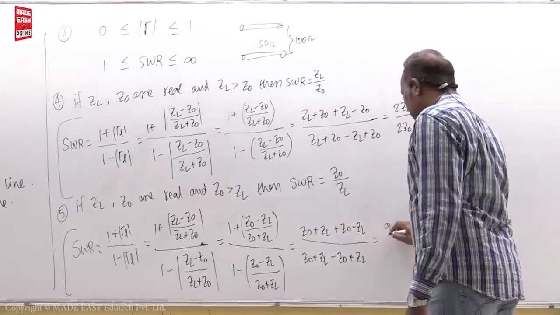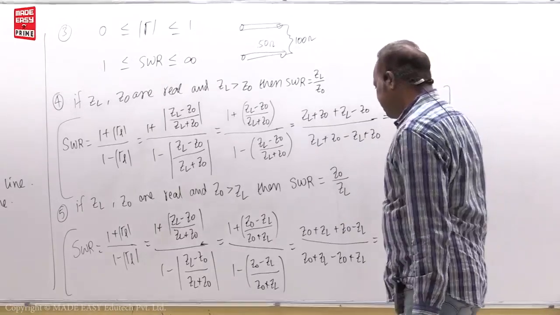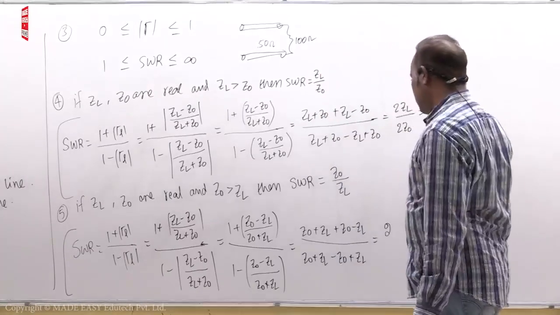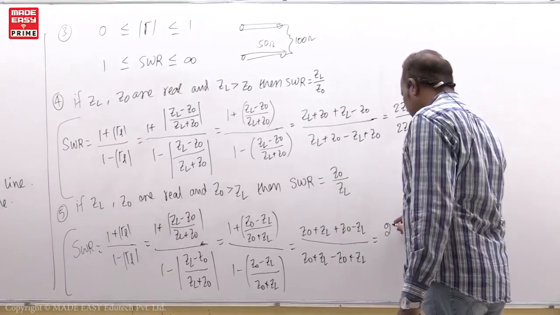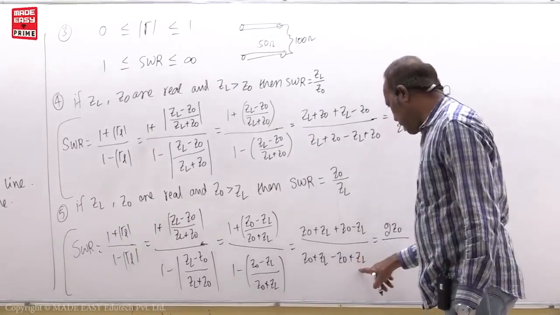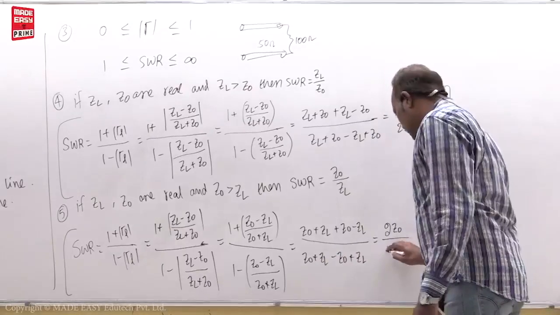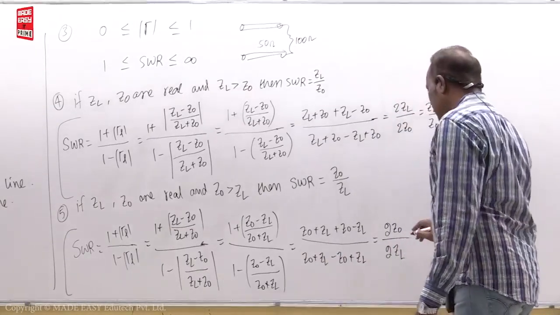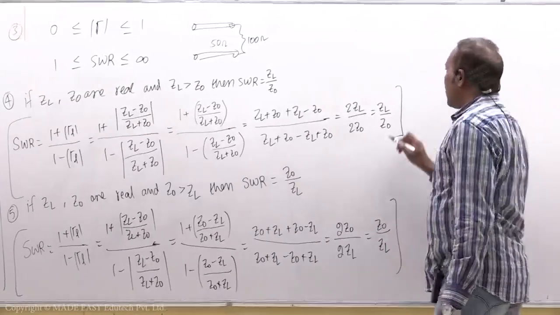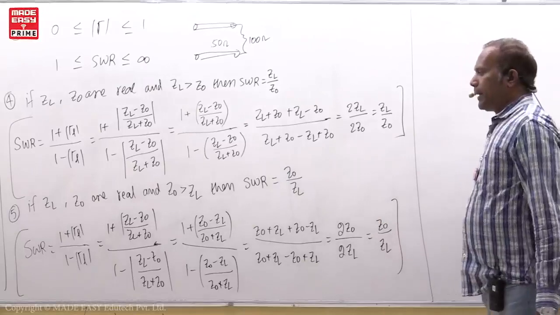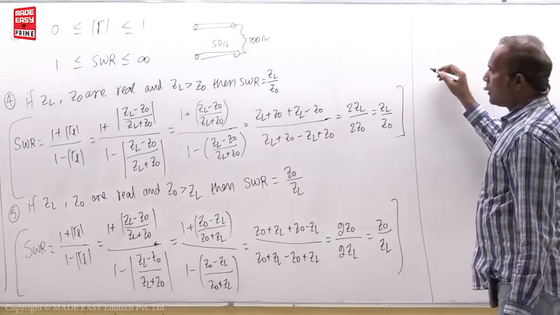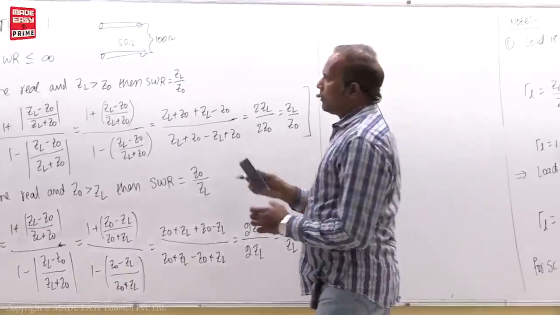So here 2 times Z0 divided by 2 times ZL. So that is nothing but Z0 divided by ZL. So whichever is bigger one, that comes in the numerator.